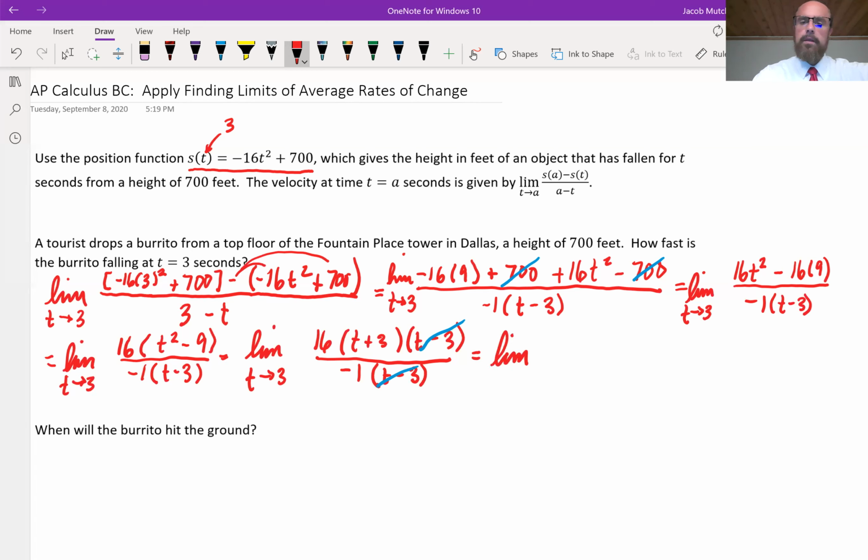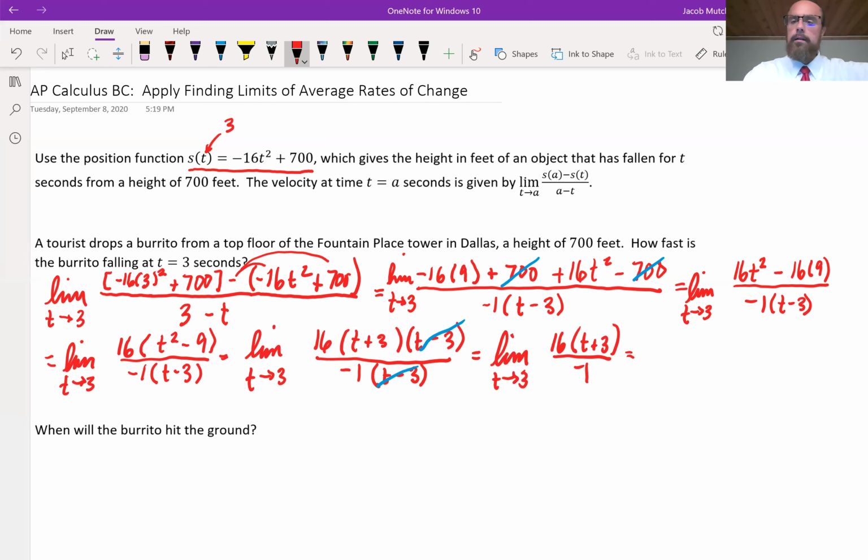It's the limit as t approaches 3 of 16 times (t plus 3) over negative 1. And now, because that denominator term t minus 3 that would have made this undefined is gone, I can use direct substitution.